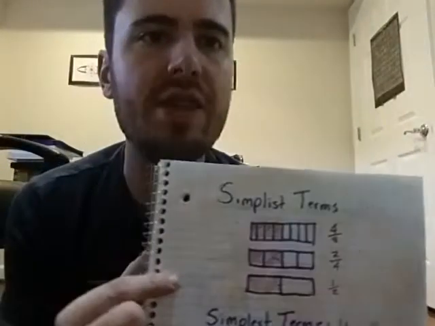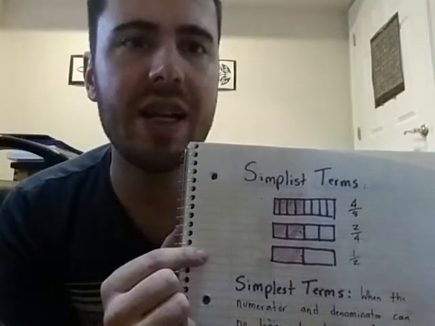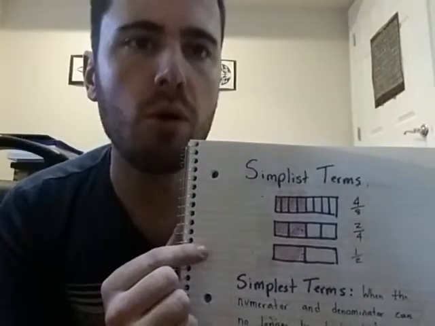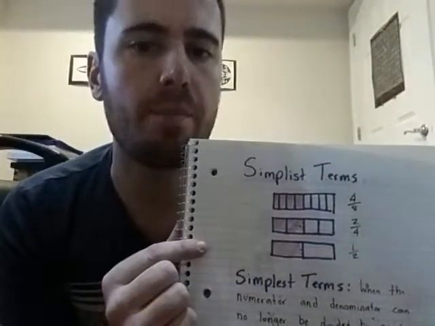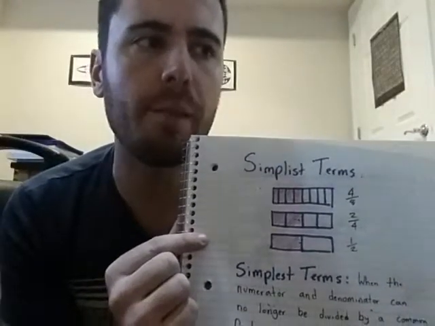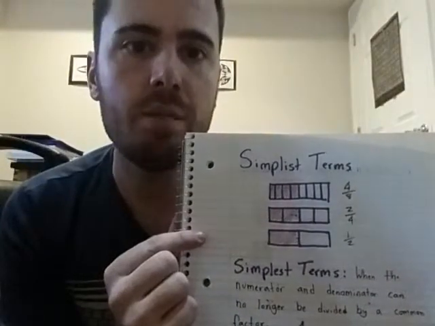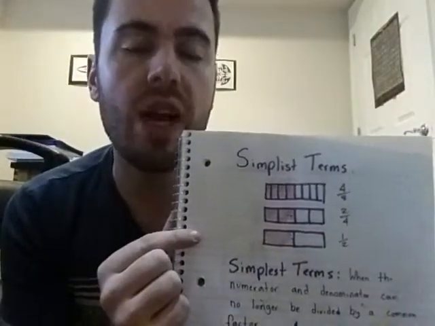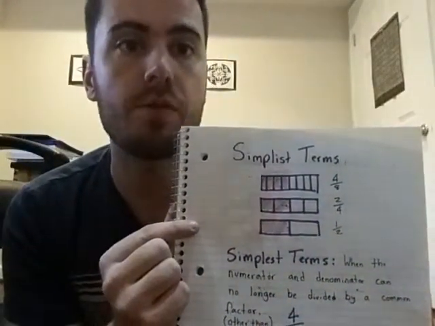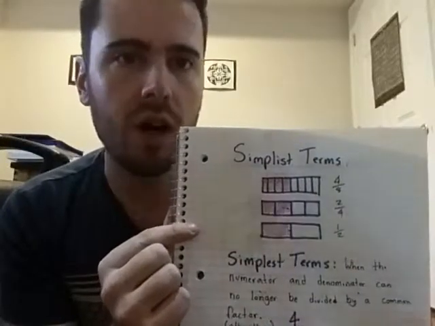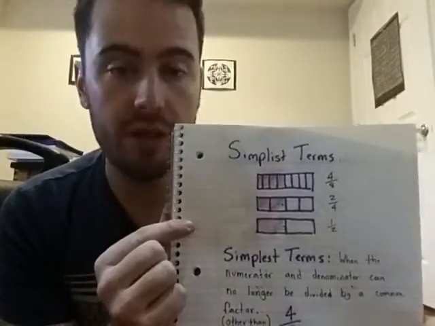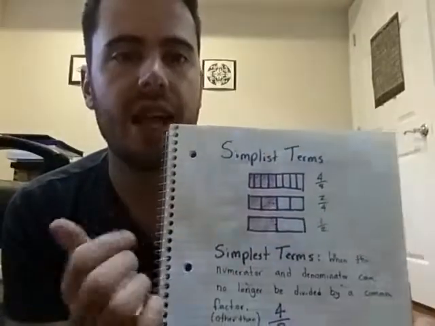Now, we need to know, what is a factor? A factor is a number that you multiply to get to another number. So for example, the factors of 8: we have 1, because 1 times 8 is 8. We have 2, because 2 times 4 is 8. We have 4, because 4 times 2 is 8. And we have 8, because 8 times 1 is 8.